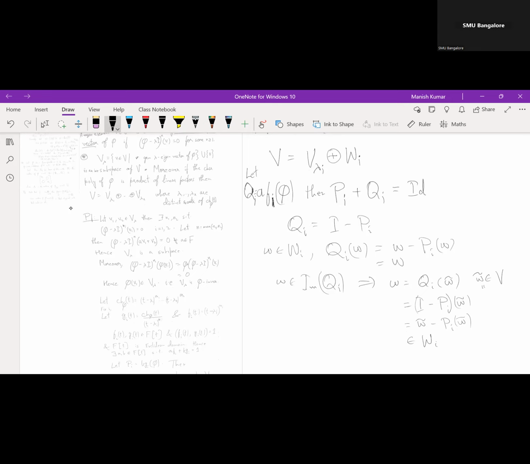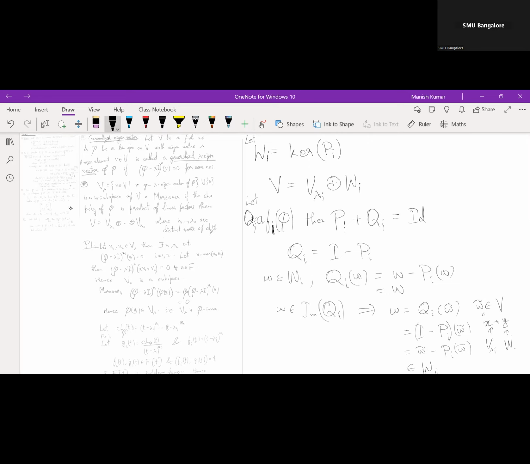Because w tilde you can write as, let's say, x plus y, where x belongs to V_lambda_i and y belongs to W_i, because it's a direct sum, right? We already saw that V is V_lambda_i plus, I always write it as kernel plus the image.